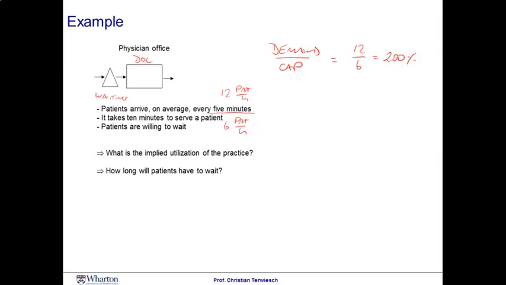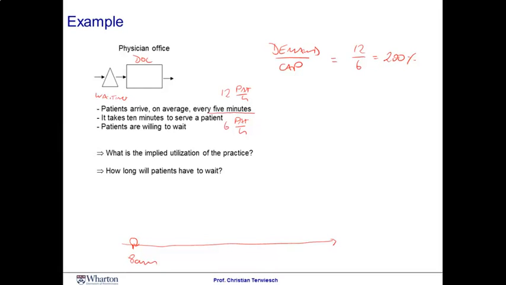To see how long patients have to wait, let's just do the following thought experiment. Let's just look at the day in the life of the doctor and start early morning, say at 8 a.m. when the practice opens. The first patient who comes into the practice probably will not have to wait and gets served immediately.